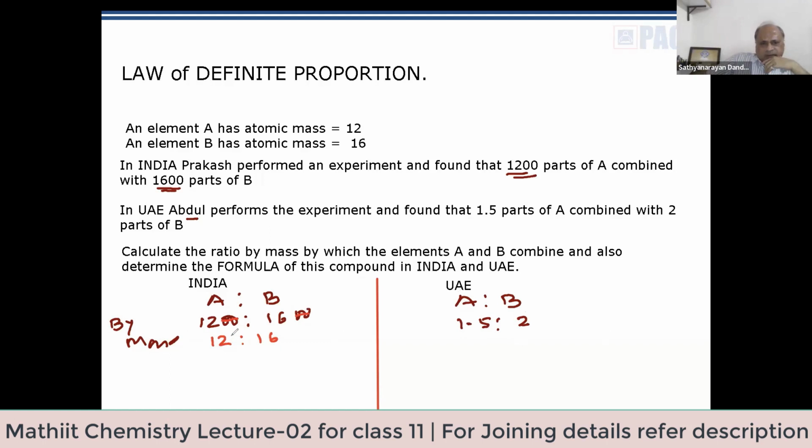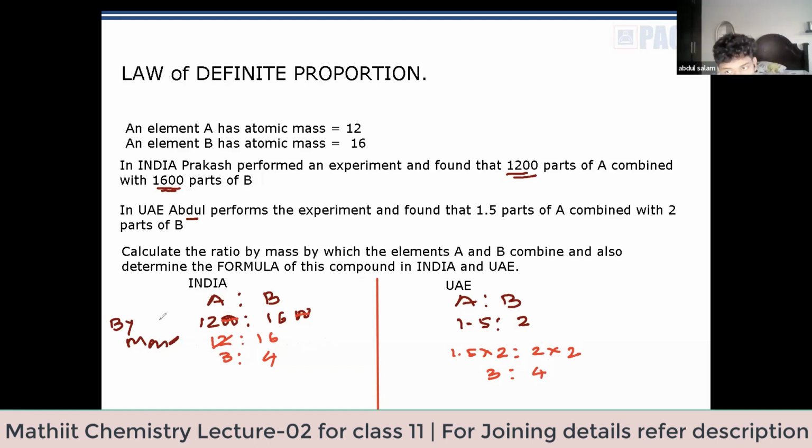तो मैं काट दूं. कॉमन फैक्टर क्या है? 4. 4 3 जा, 12 जा, सॉरी 4 4 जा. ये हो गया 3:4. इसको मैं 2 से मल्टीप्लाई कर देता हूं. 1.5 into 2, 2 into 2. तो यहां पर भी 3:4. इसका मतलब रेशियो बाय मास सेम है या डिफरेंट है? सेम. सो कंपाउंड सेम है या डिफरेंट है? सेम.